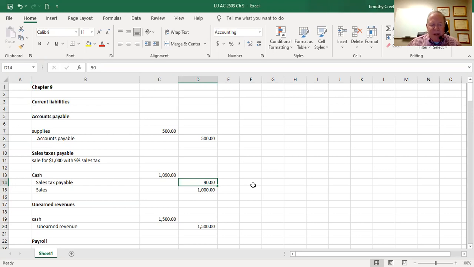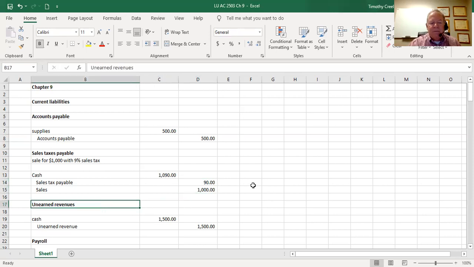Sales taxes are typically state and local taxes, so they're collected for the state, which then will divvy some of it out to local governments as well. So this is what that journal entry would look like. Whenever the company sends this money off to the state, they'll debit sales tax payable and credit cash, and just send them the money that they've collected from the customers.